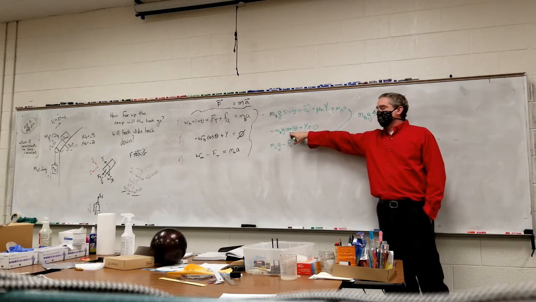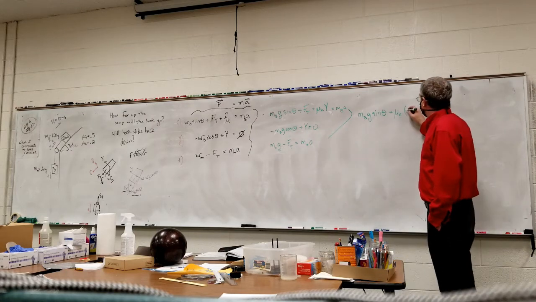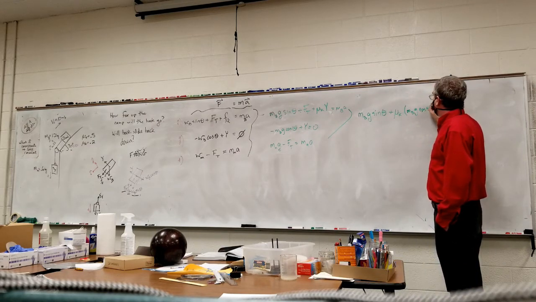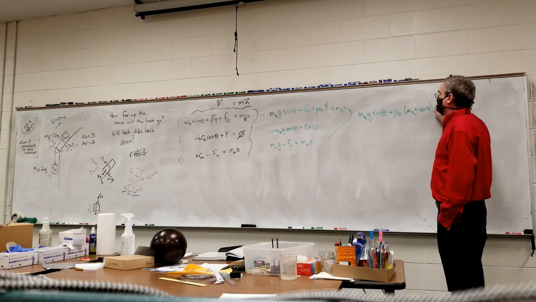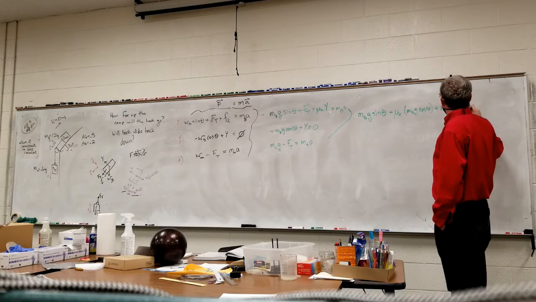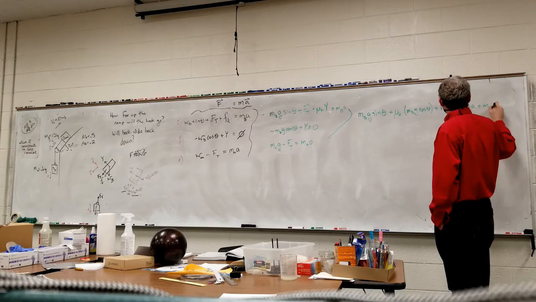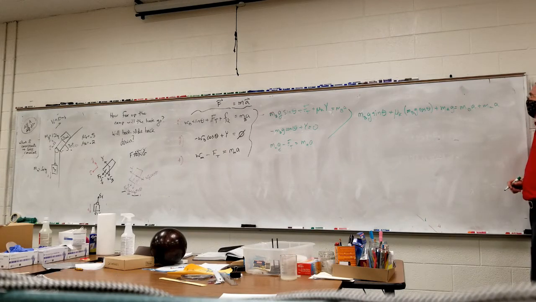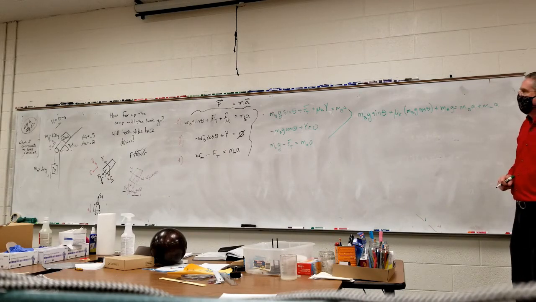Mu K, and then Y, we can just go ahead. I know Y is going to be equal to, if you bring that over, MBG cosine theta, plus MAG is equal to MBA plus MMA. Isn't MAG, we don't have an MAG.